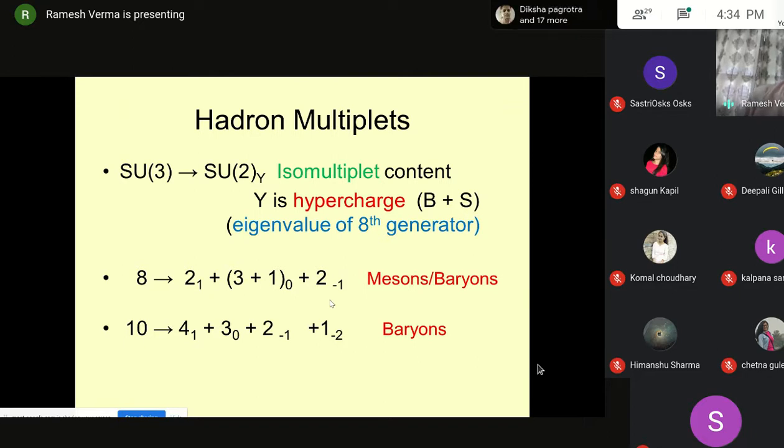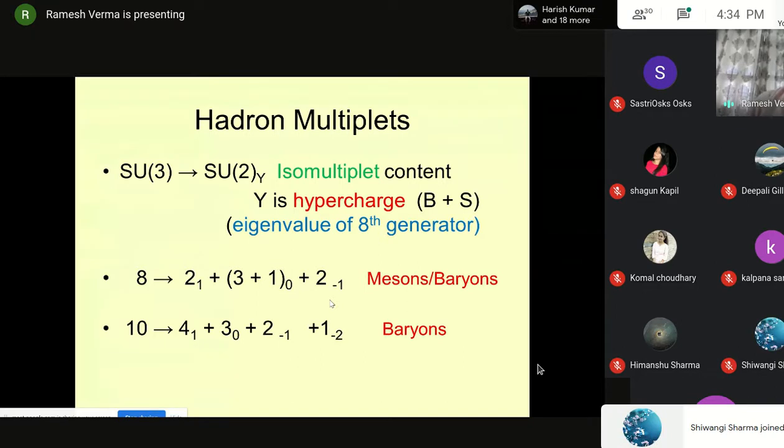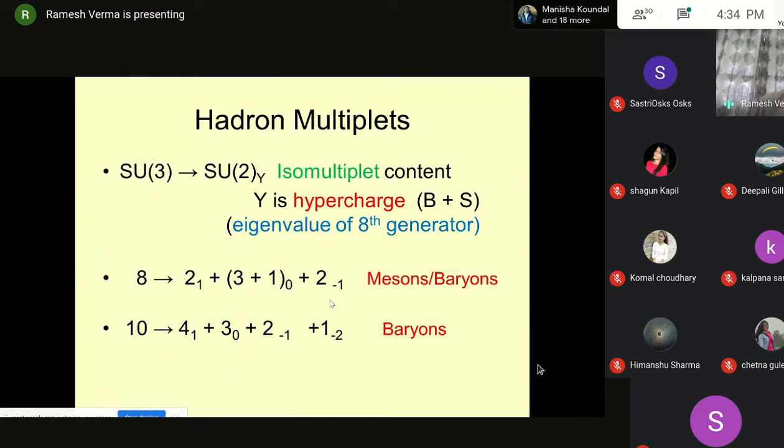If you are aware of Young diagrams, there is a quick way of seeing how the SU2 content of SU3 multiplets can be obtained. So what we find here is that the octet contains a doublet with hypercharge 1 and another doublet with hypercharge -1, and an isotriplet and isoscalar with hypercharge 0.